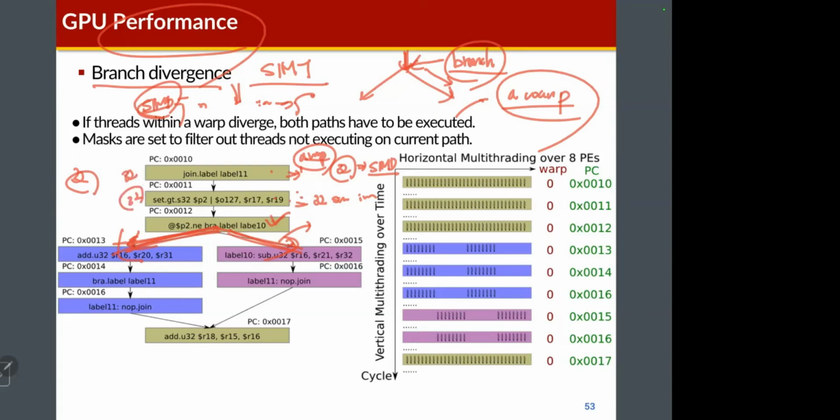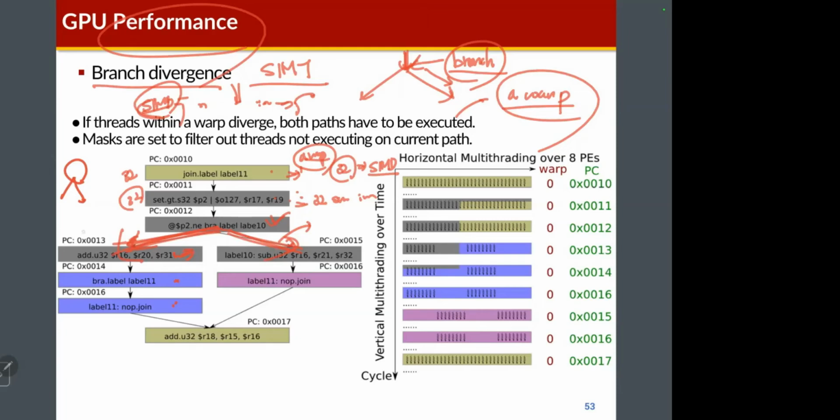But among these 32 instructions, the execution path is diverse. So the warp needs to execute some instructions, but the number of instructions in this path is less than 32.